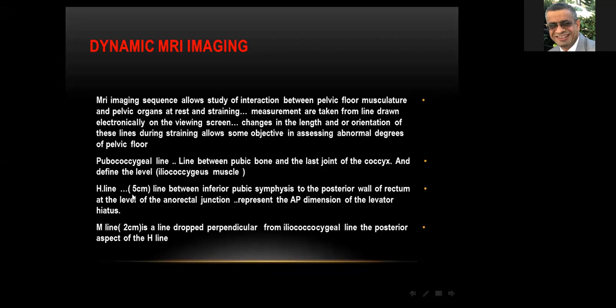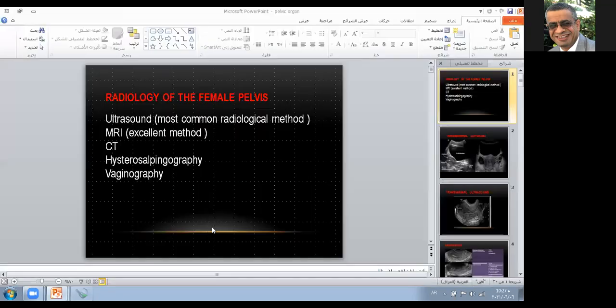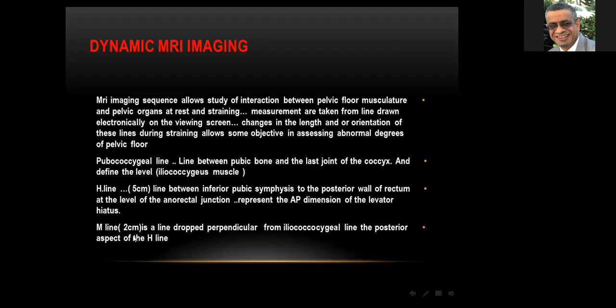The H line, the normal is 5 cm, is a line drawn between the inferior pubic symphysis to the posterior wall of the rectum at the level of the anorectal junction, representing the AP dimension of the levator hiatus.